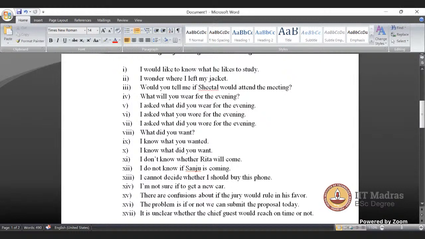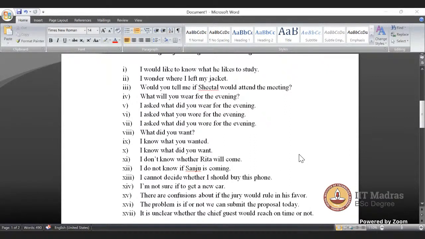This sentence is also ungrammatical, because if or not is a bad construction. Whether or not is the correct construction in English. So whenever you have this or not construction, it needs to be preceded by the complementizer whether. So the problem is whether or not we can submit the proposal today, not the problem is if or not.